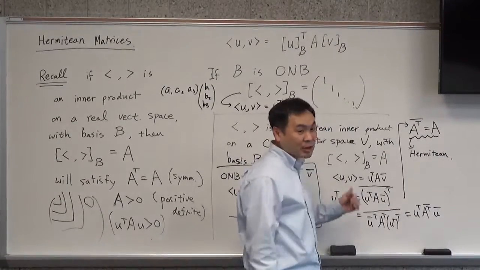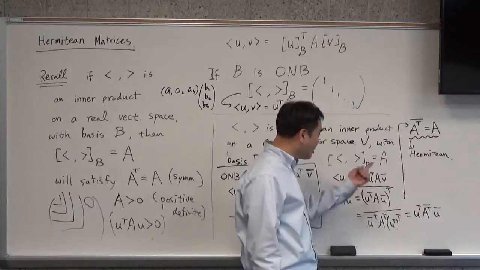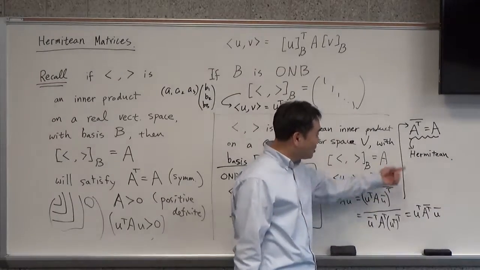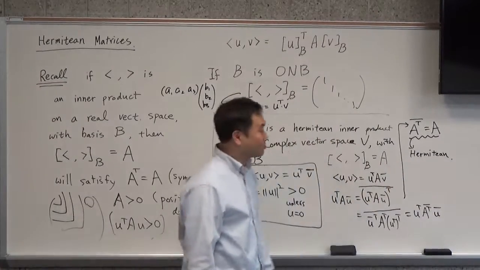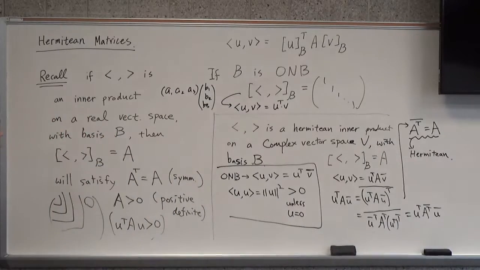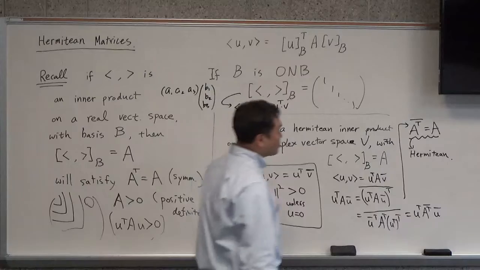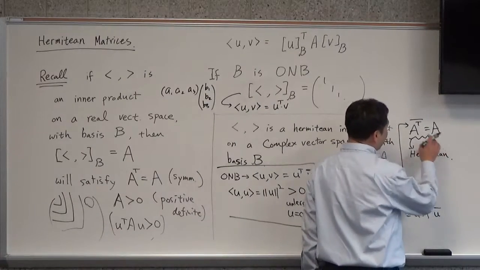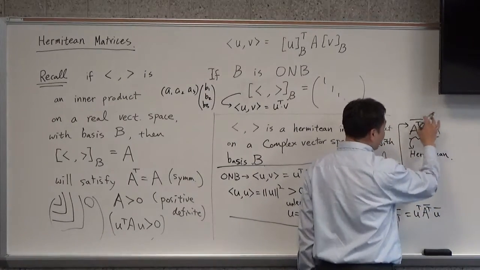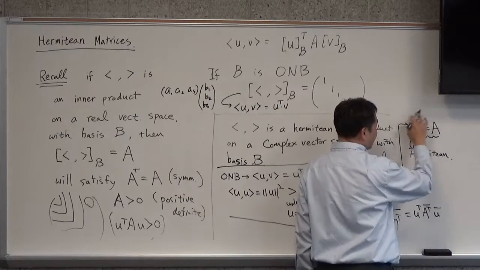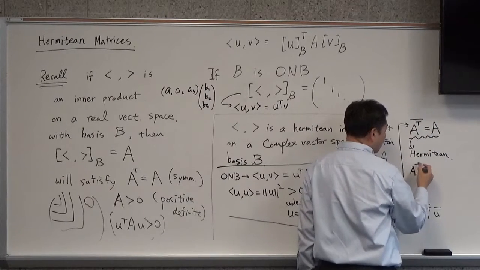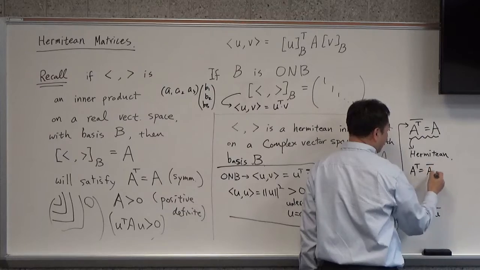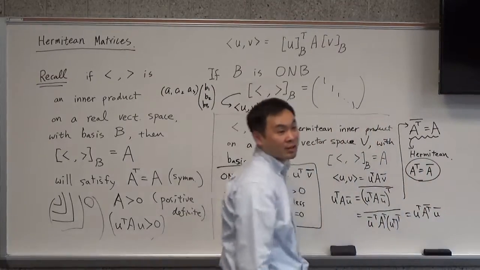But since my goal today is to talk about Hermitian rather than positive definiteness, let me just say this. Hermitian matrices are matrices whose complex conjugate and then transpose is the same as itself. Sometimes you see this in the literature as taking the bar on both sides, so the bar of bar cancels, and you end up with the transpose of A being the same as its complex conjugate. That's another way to say it.